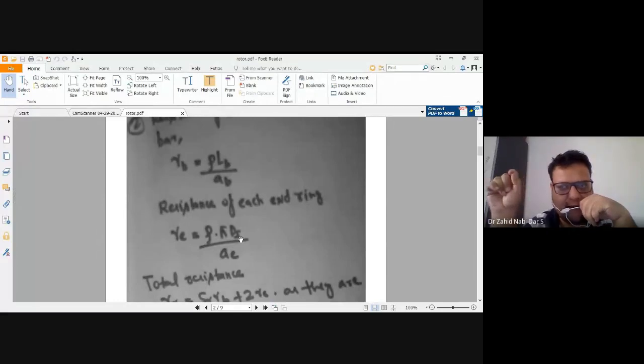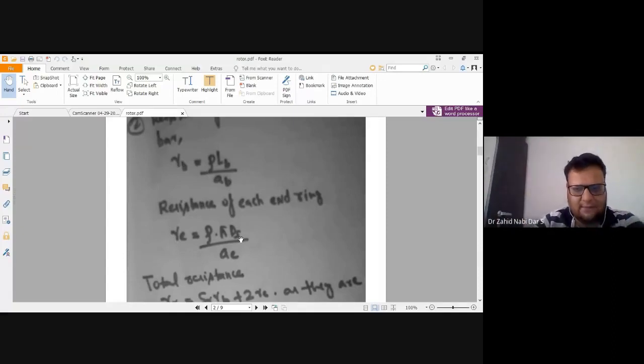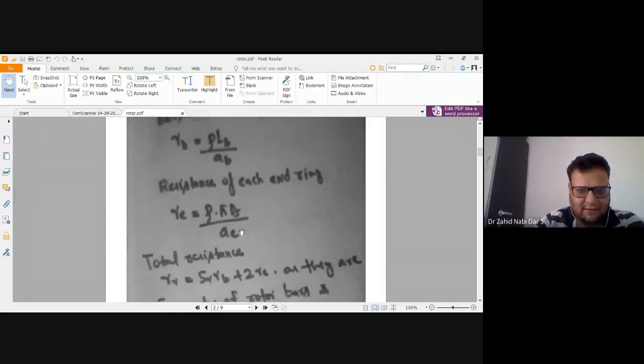We also call it the electrical gradient, which is V by L. So you can write I by A, that is J, is equal to the proportionality constant into E. So I by A is equal to rho V by L. If you cross multiply, you get R is equal to rho L by A. This is the actual definition of Ohm's law.